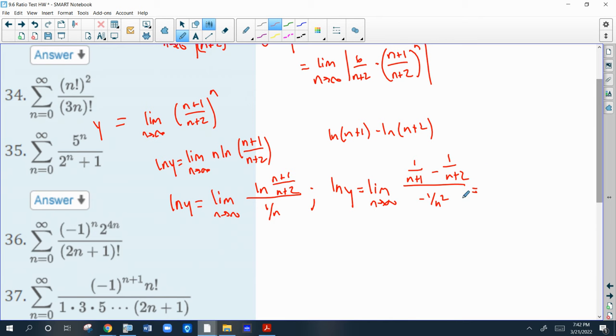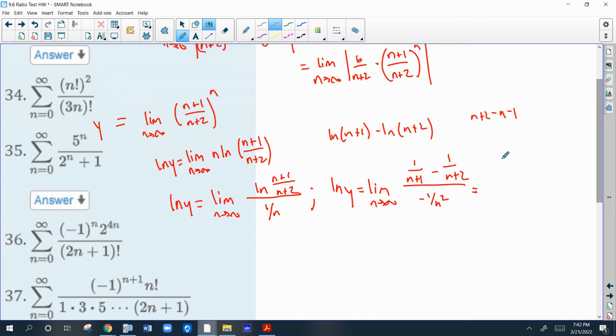So let's combine this. Let's see. We're going to get a common denominator. So we're going to have n plus 2 up here minus n plus 1 up here. So n plus 2 minus n minus 1. So it's just going to be 1 up top.